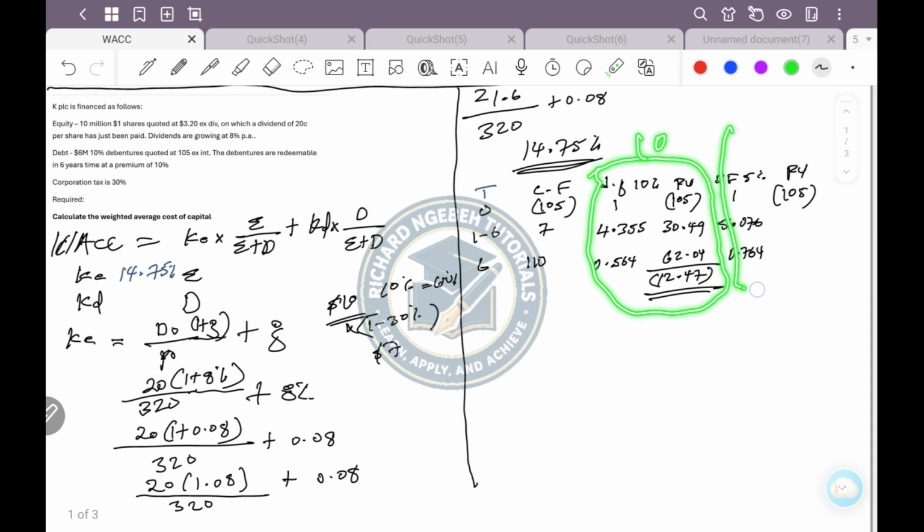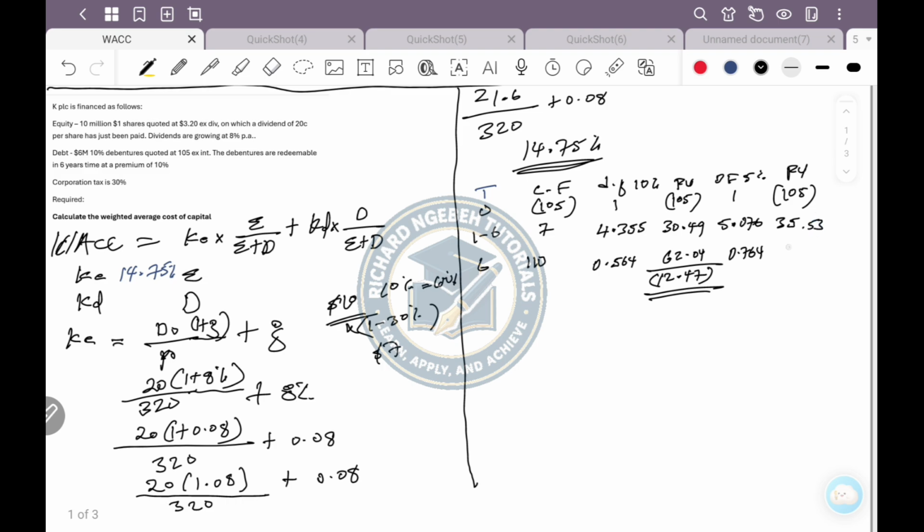Now you want to calculate for the 5%. Okay, good. So you relate them. Here you'll be able to get 35.53.